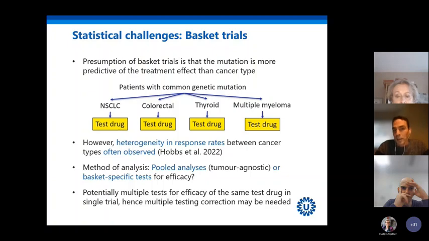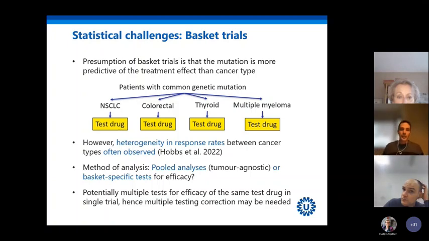So the overall response rates are typically not the same in the different cancer types, and there might be cancer types that have good response rates and cancer types that have slightly worse response rates, even though the treatment is targeting the same mutation that is present in all of the cancer types.